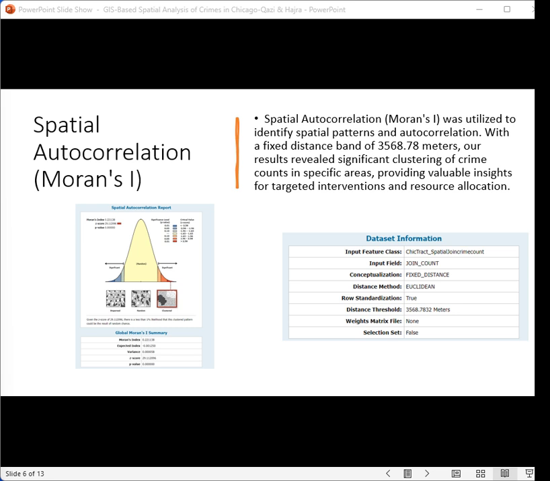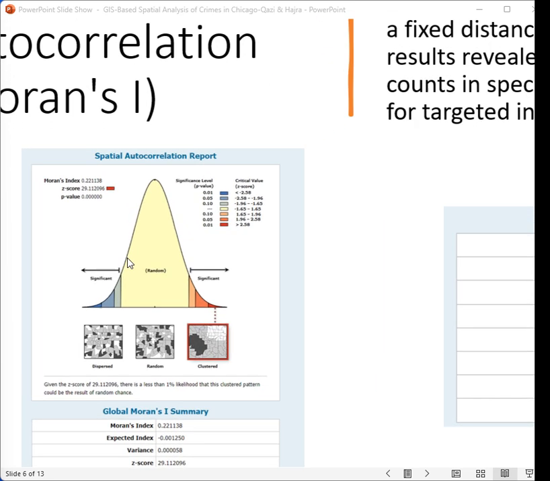So in the report we can see that the analysis revealed significant clustering of crime counts in specific areas, supported by a positive Moran's Index.